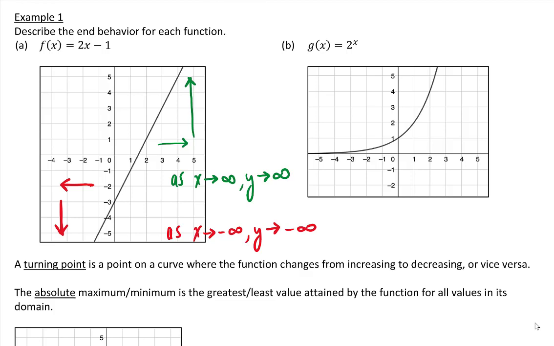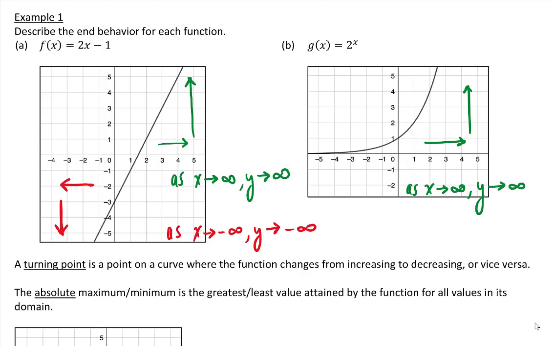Alright, next one, g of x equals 2 to the exponent of x. Again, let's look as x goes to infinity, we see that y shoots off to infinity. So as x goes to infinity, y also goes to infinity.